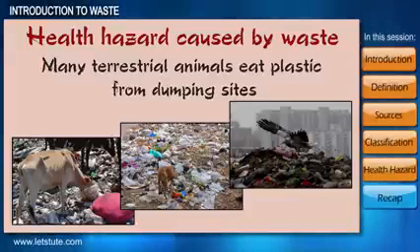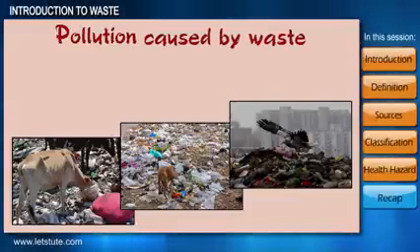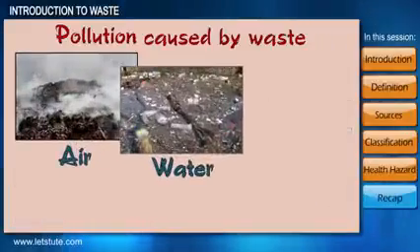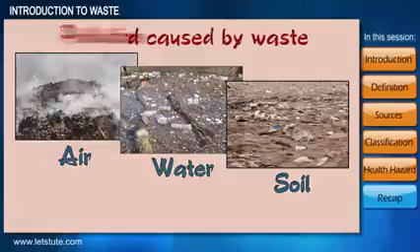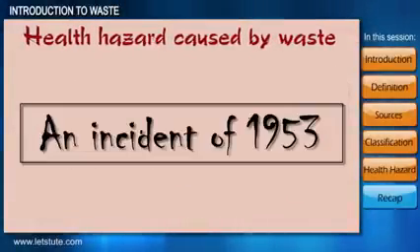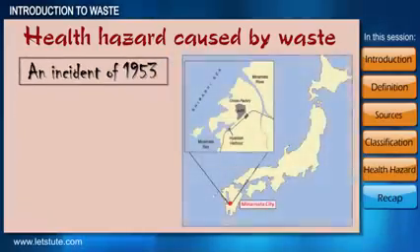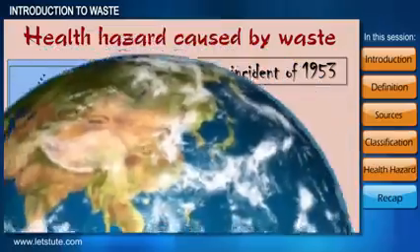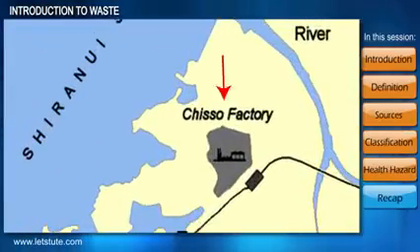Apart from causing these health hazards, they even add to different types of pollution like air, water, soil, etc. One such health hazard occurred long back in 1953 in a small city called Minamata in Japan, which had the region's largest fertilizer producing industry.